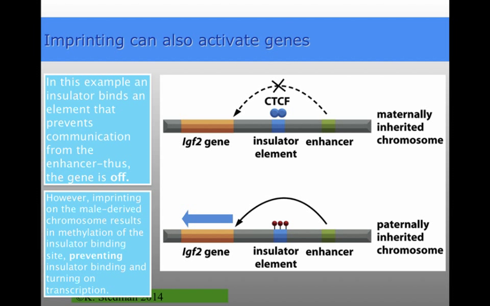And so an enhancer on one piece of DNA can't act on even something on that same piece of DNA because it's got to get past this scaffolding protein. So these insulator elements are bound by these scaffolding proteins. However, if you have methylated that particular insulator element, you no longer can have binding by this scaffolding protein, which then allows the enhancer to act.